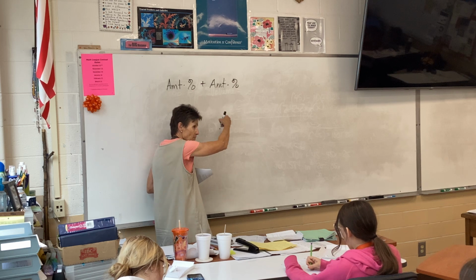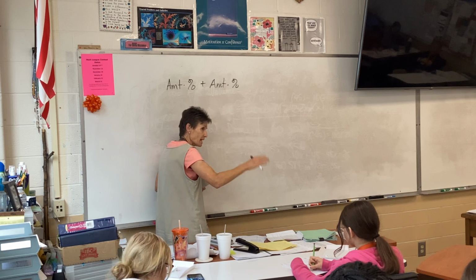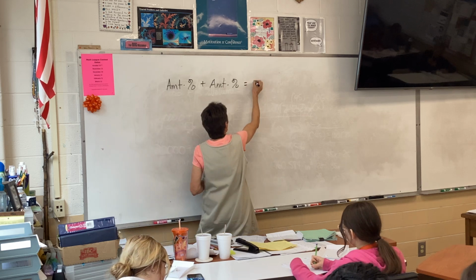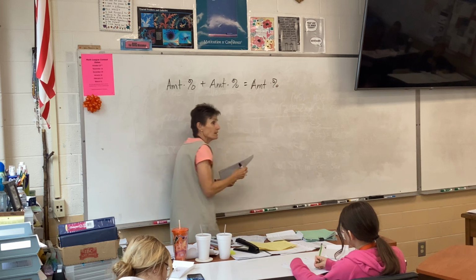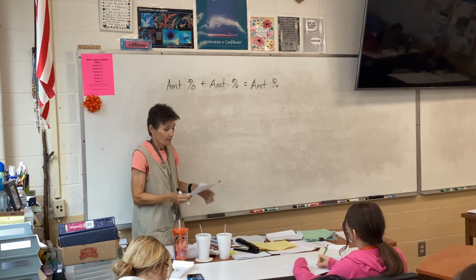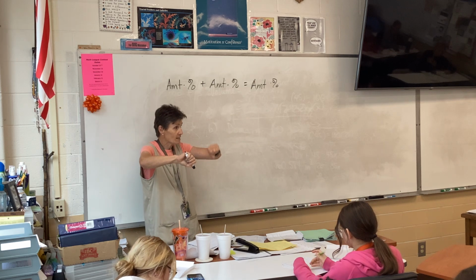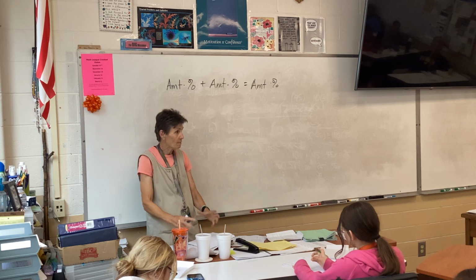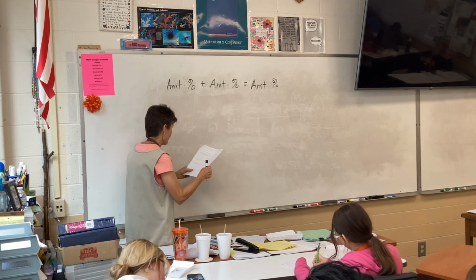So amount times percent of the first solution, amount times percent of the second solution, and that will end up giving you the amount times the percent of the final solution. Okay, so amount percent of this, amount percent of this, and that will equal the amount percent of that. So let's see how that works.